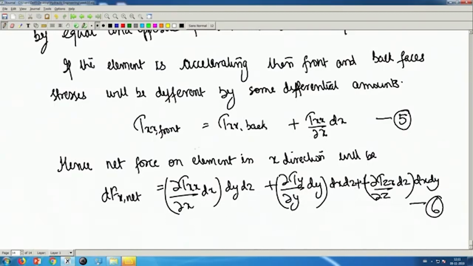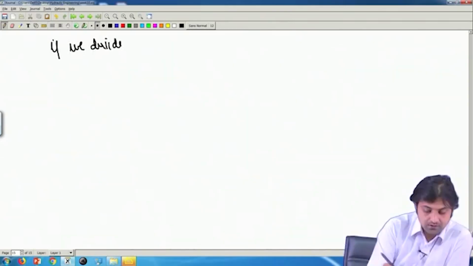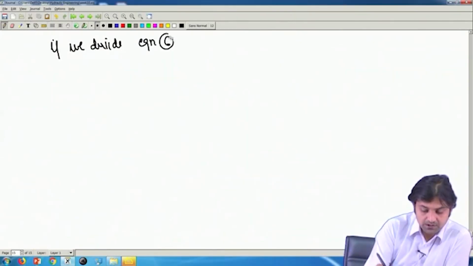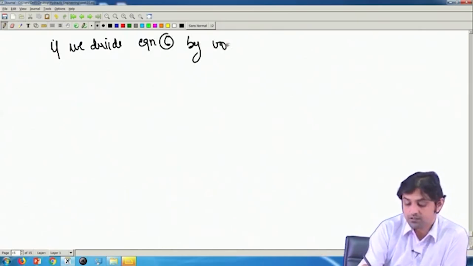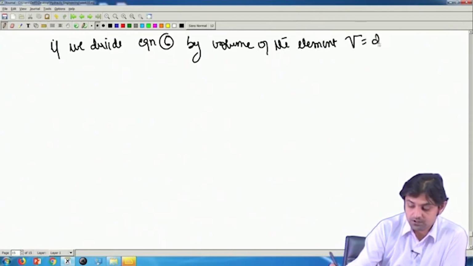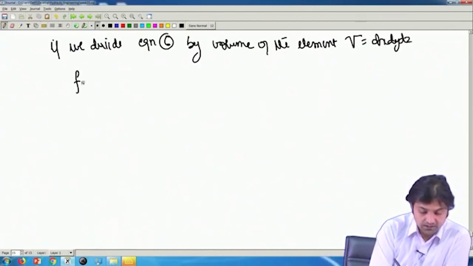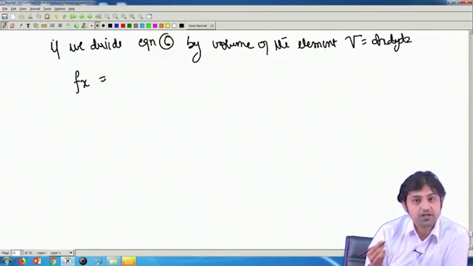So we go to another page now. If we divide equation 6 by the volume of the element, which is equal to dx dy dz, we get the differential force per unit volume, which we call small fx, correct.